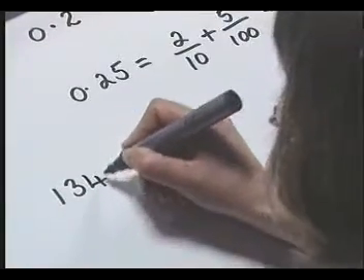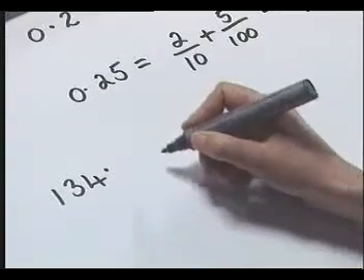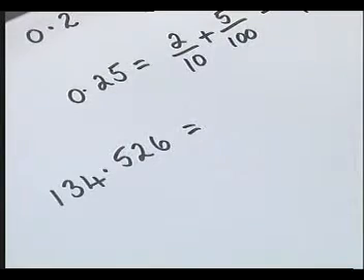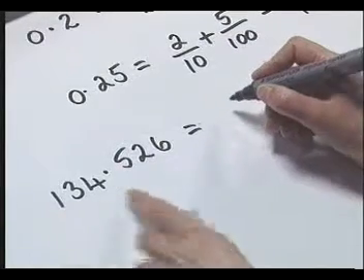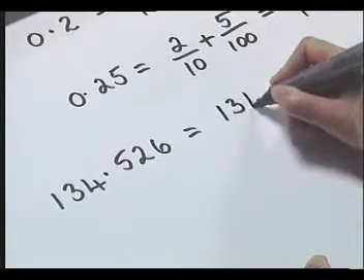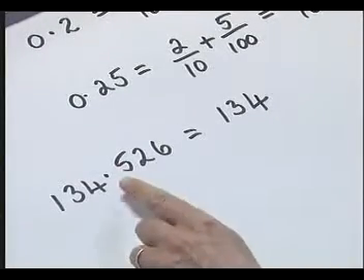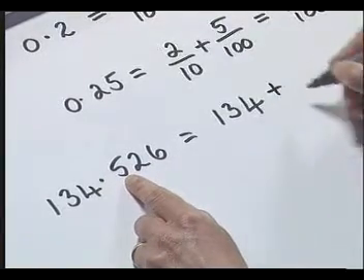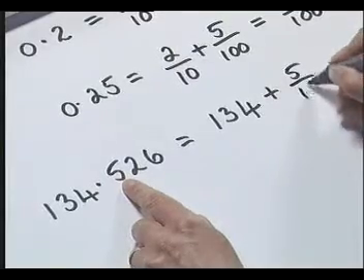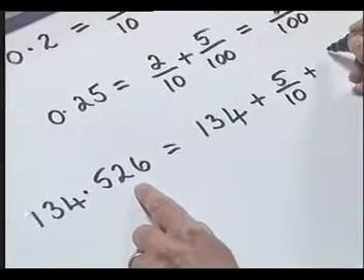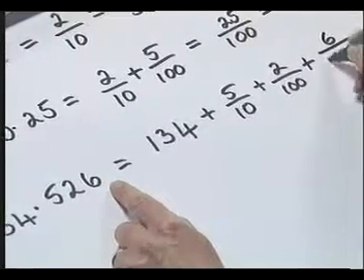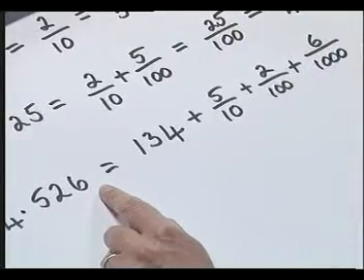Let's try another one. Let's take a bigger number, 134.526. So how do we turn that into a fraction? Well, our 134 is our whole number. And here, the 0.5 is 5/10. So we've got 134 plus 5/10 plus 2 hundredths plus, and the 6 is in the thousandths column, so it's plus 6 thousandths.